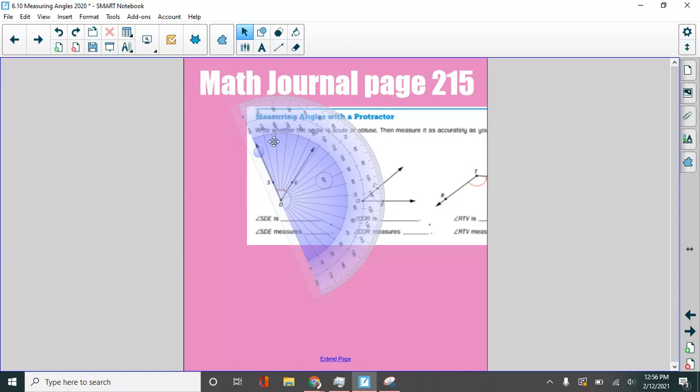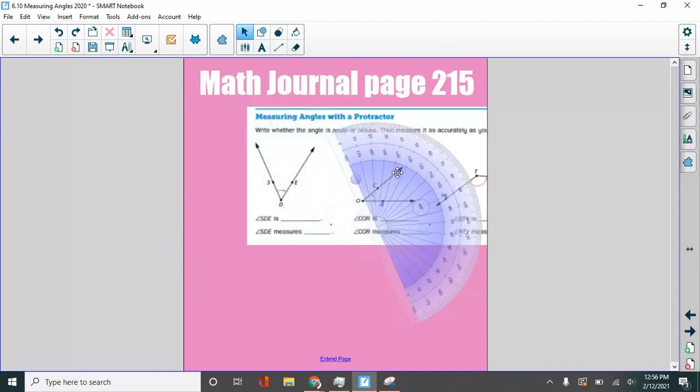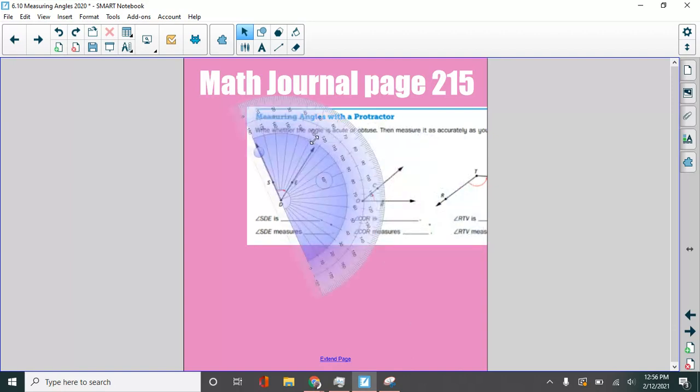Now, before we do that here, let's pull this off. What kind of angle is this? It's an acute angle, right? So it's going to have a measurement less than 90 degrees. So if we look here, it's pretty close to 120 and it's pretty close to 60.